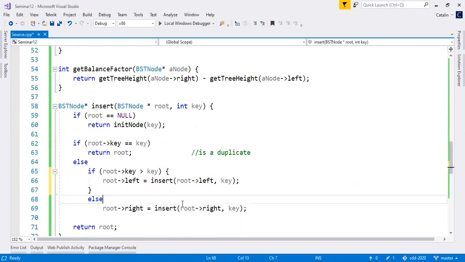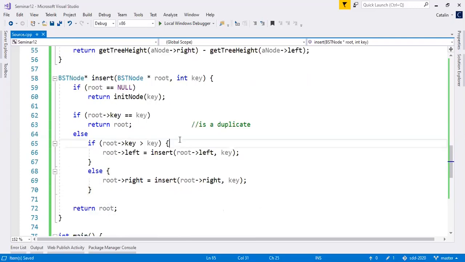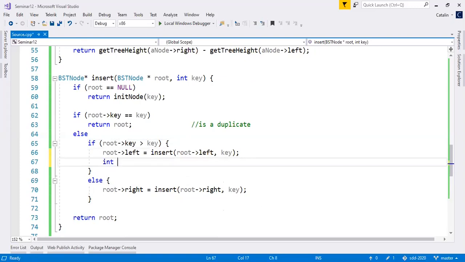I will open some brackets here, because here we need to check the balance of our nodes. So after you did the insert, we will do int balance equals get balance factor of root.